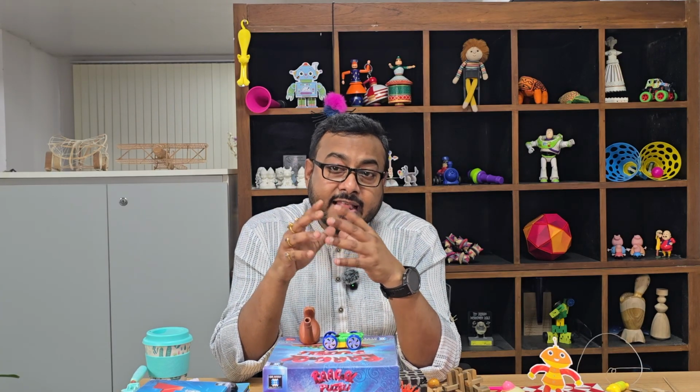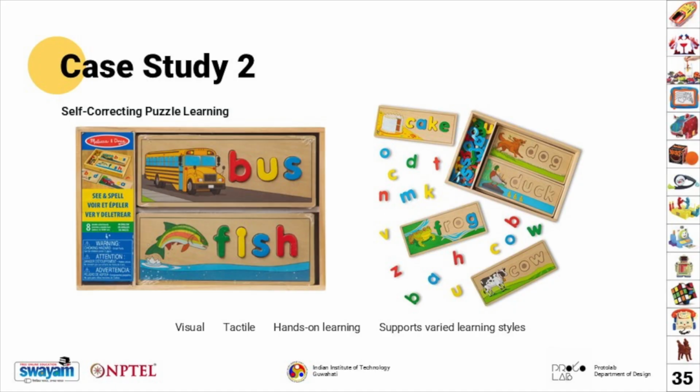Learning toys often rely on instruction and correction. But correction depends on language and attention span. This puzzle instead uses structure as feedback. Pieces only fit correctly in one arrangement.